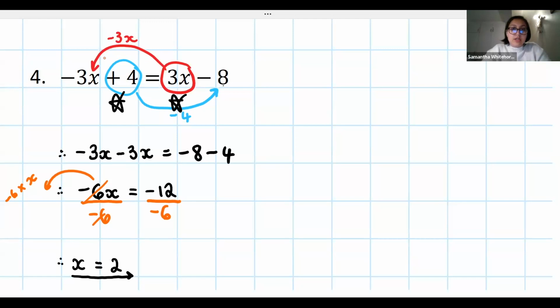Right, take your screenshots. If you have any questions, you can raise your hand. And remember, of course, grade 8, the end goal is to get that x alone. I shouldn't have any other numbers by the x. I should always end with positive 1x equals some value.